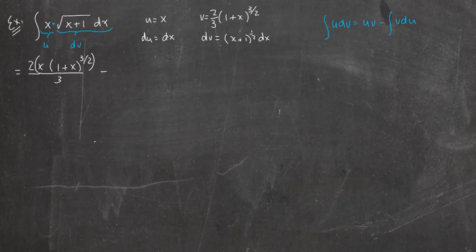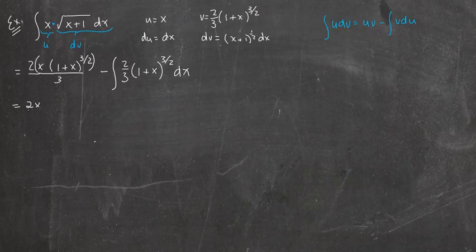Minus the antiderivative of v, which is 2/3 times x plus 1 to the 3/2 du, which is dx. So I think I'm going to rewrite this.